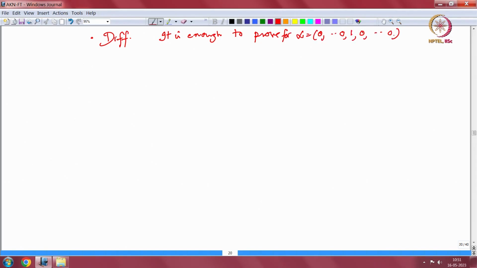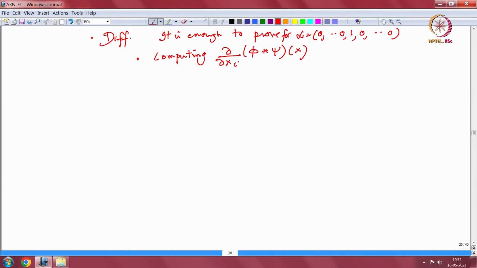That means we are computing d by dxi of phi star psi at x. That is all we are trying to compute now.